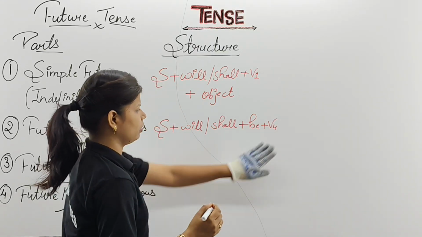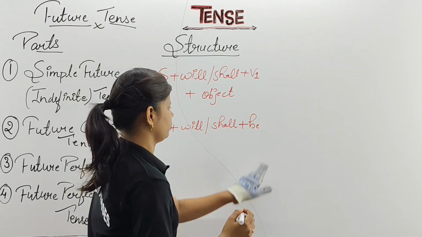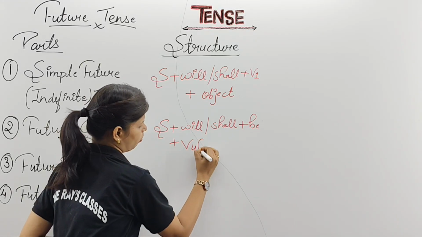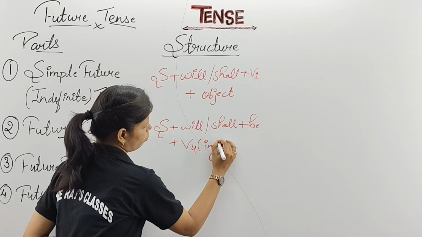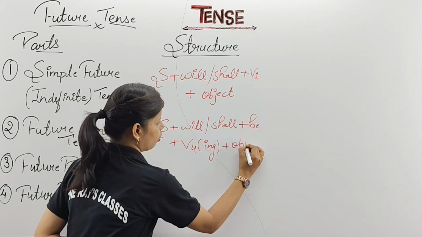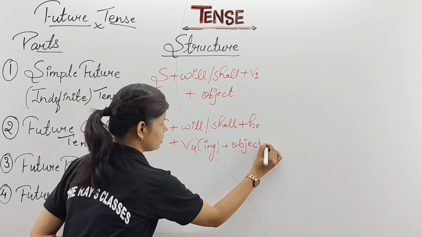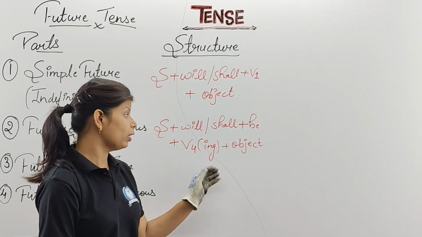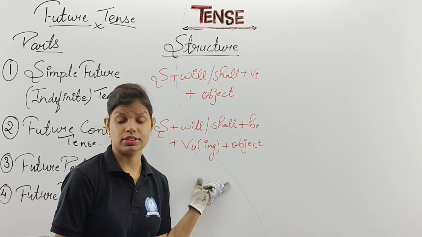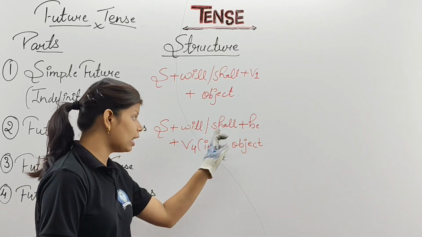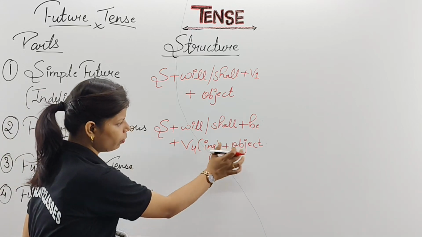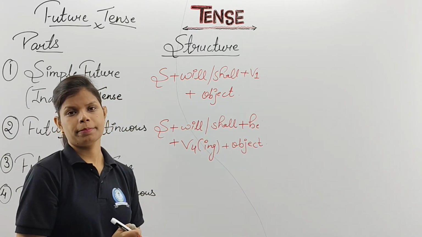So subject plus will or shall plus be plus the verb's fourth form, that means the ing form, and last we have the object. Again and again everybody teaches this way to remember. Children, I am not telling you to remember the concepts. I am only telling you to remember the helping verb, that's all. Because in all three tenses, the subject, verb form and object are mostly common.